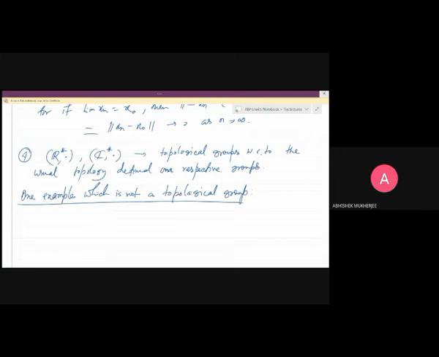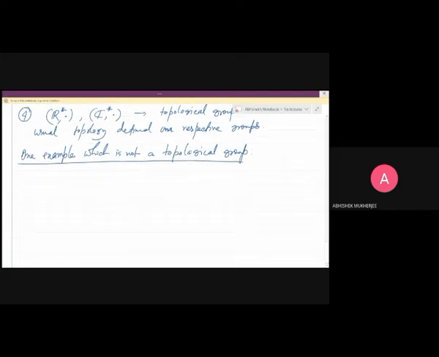We can construct an example by using a property of a topological group, which is that a topological group will be a regular space.